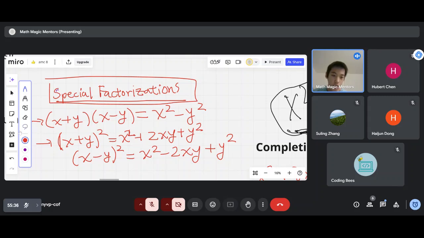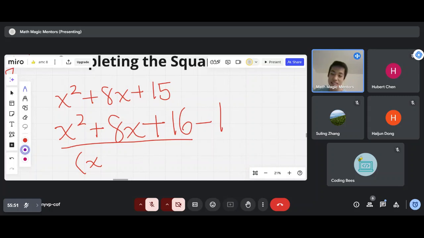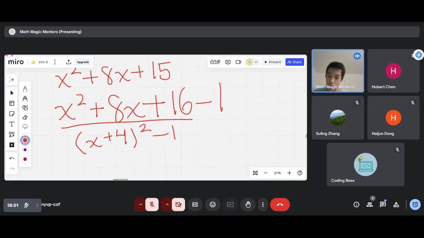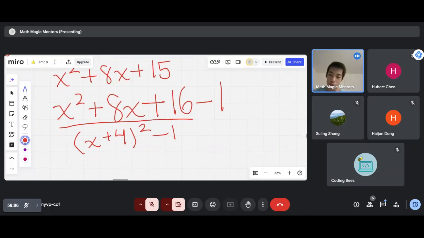So when you plug in y equals 4, you're going to get x squared plus 2x times 4, which is 8x, plus 4 squared, which is 16. x squared plus 8x plus 16 can be written as x plus 4 squared. And you have a minus 1 outside of that perfect square trinomial.